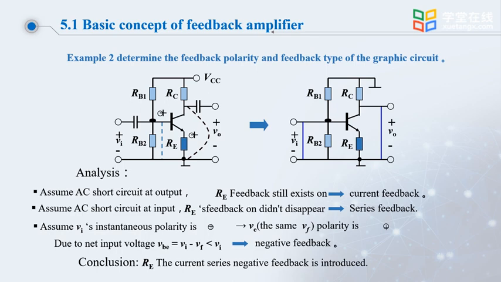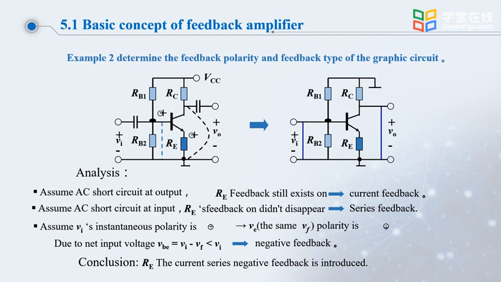The instantaneous polarity on this feedback element does not by itself mean it is positive or negative feedback. We only care about the output signal from the feedback element, the feedback network: is the net input signal weakened or enhanced? So now, with this series feedback, what we are entering is a voltage signal.